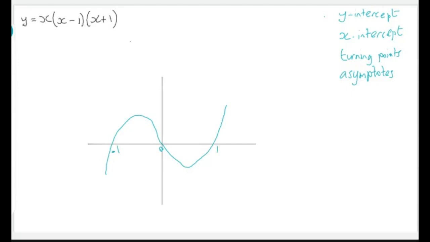I'd say try and do it the long way. Multiply the brackets, then multiply the result by x. I can see why you might have guessed x cubed. So x cubed minus x.